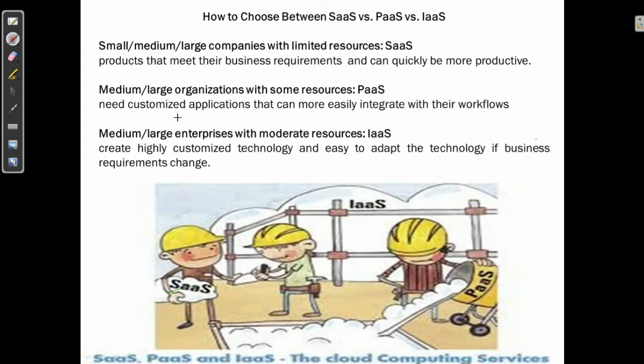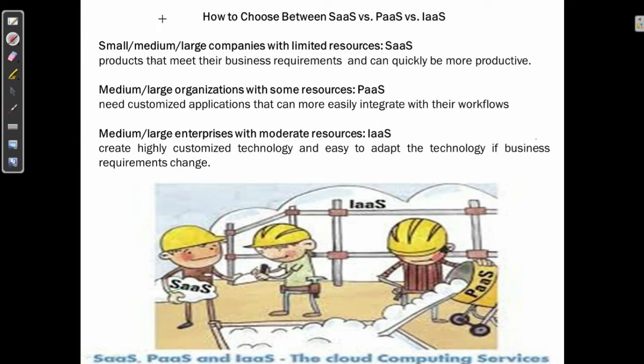So finally, how to choose among the three models for your organization. As we have discussed, it all depends on the company requirement. You will be using a different kind of service model. The size of the organization can help you determine which model will fit your business requirement.